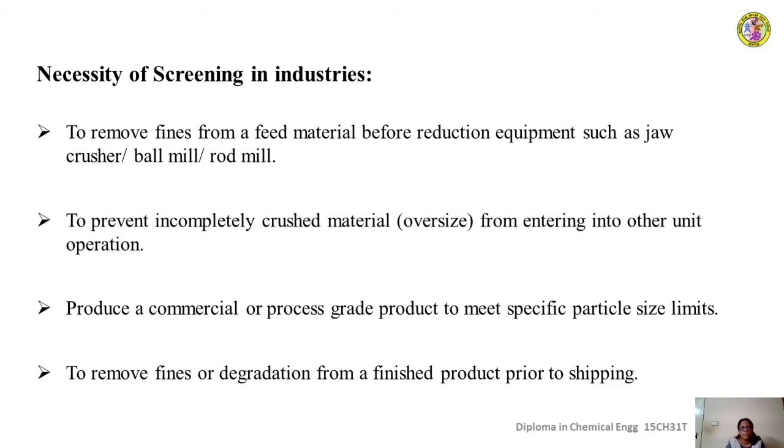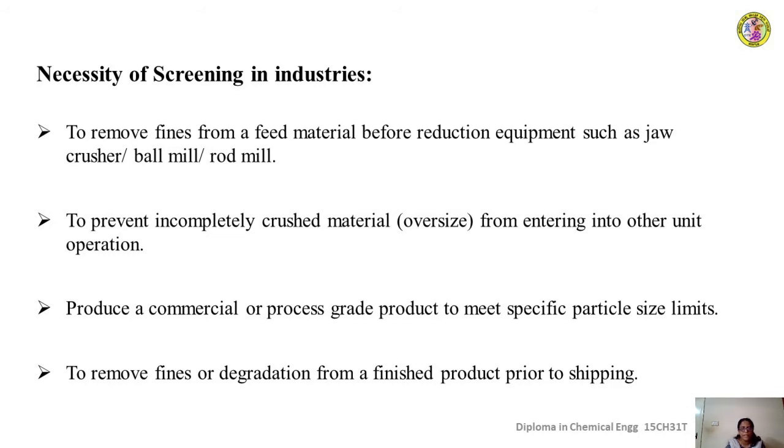The next requirement of screening is to produce a commercial or a process grade product to meet specific particle size limits. Whenever a product comes out of an industry, it has to satisfy certain specifications. That means, to meet the requirements, the grade of the product should be maintained at certain values.